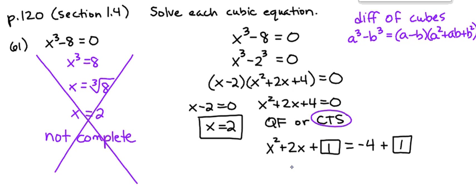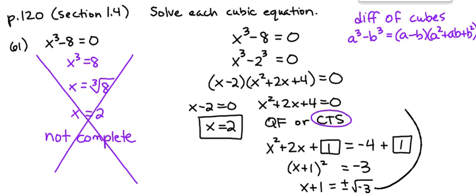Now we can write our perfect trinomial square in its factored form. Simplify the other side. Square root both sides of the equation. Find myself some more room over here.